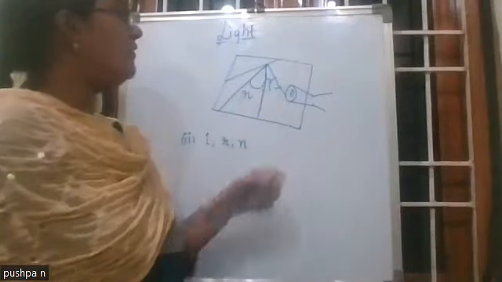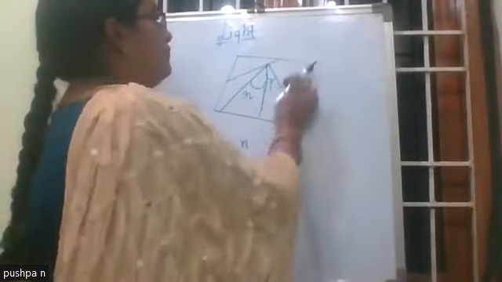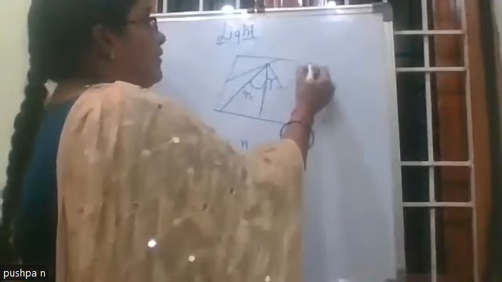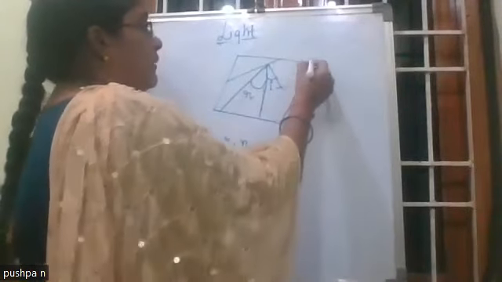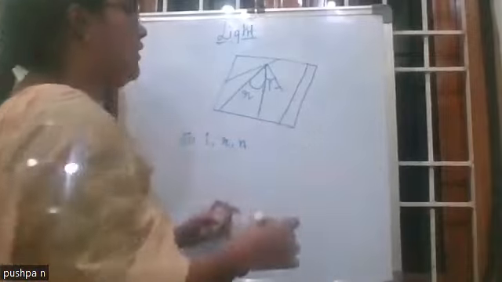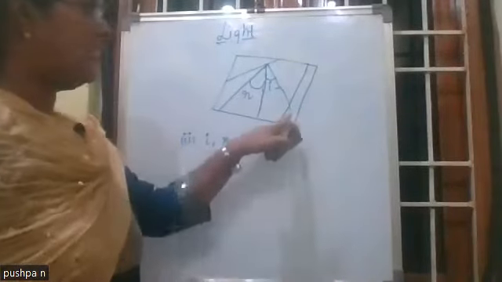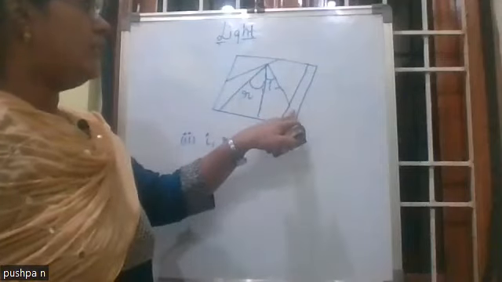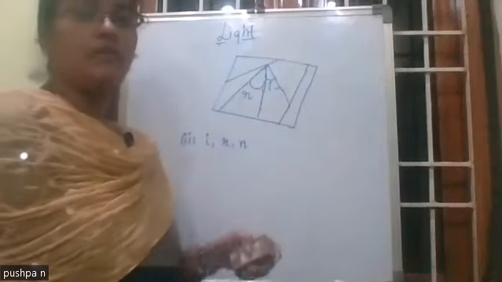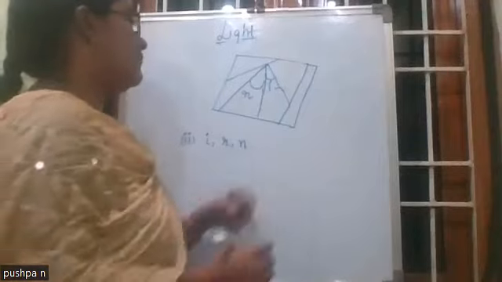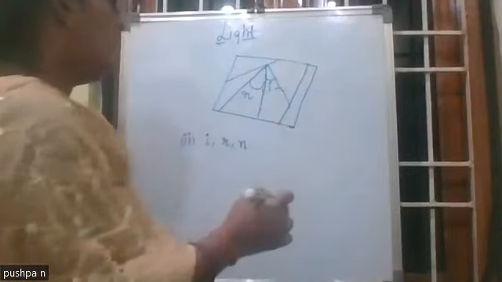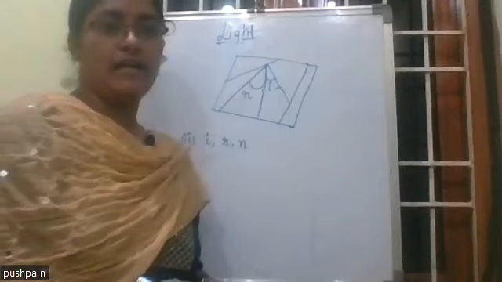Let's suppose I have curled this. I have folded this paper till here. If you observe, the reflected ray will not go beyond this line, because the folded paper will act like a different plane. The light is not in the same plane.